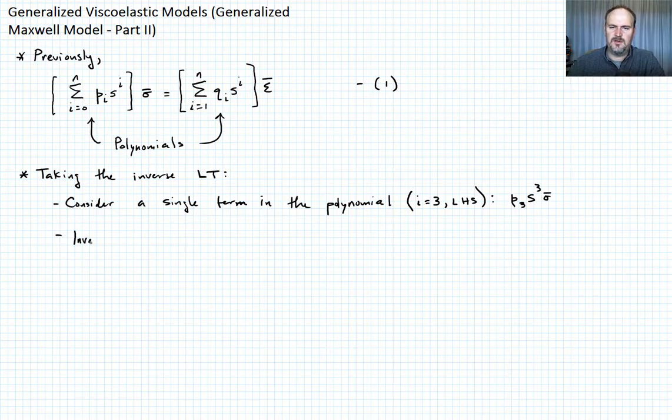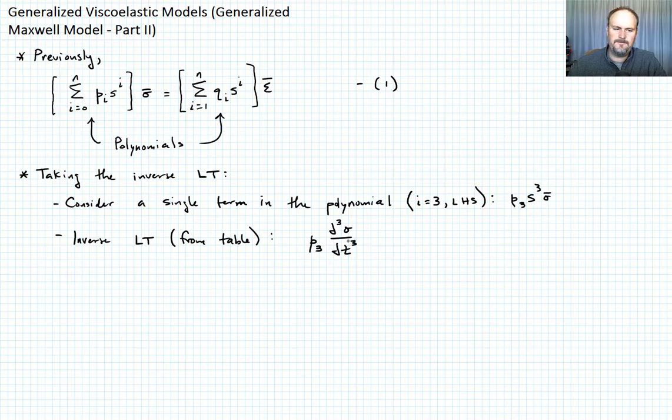We looked that up from the table, and we also talked about it in the lecture on Laplace transforms. We can take the p3 out because it's a constant, and s cubed times sigma bar is the third derivative of sigma with respect to time. So that's the inverse Laplace transform of that term.